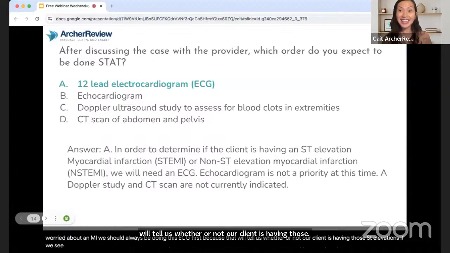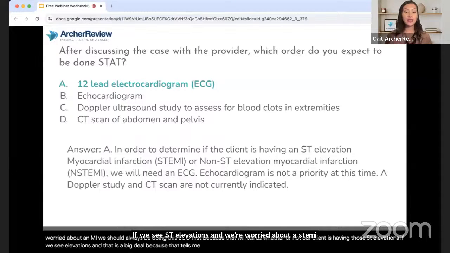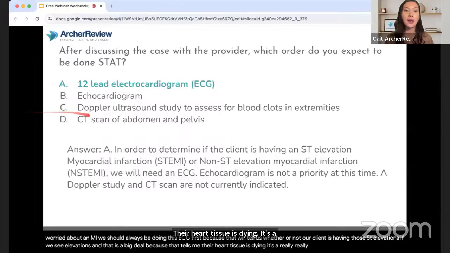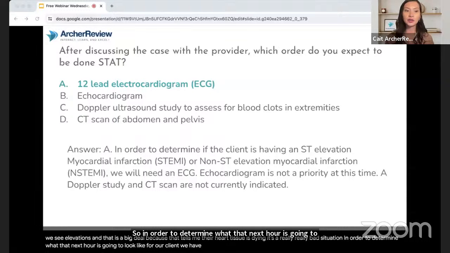If we see ST elevations, then we're worried about a STEMI, and that is a big deal, because that tells me their heart tissue is dying. It's a really, really bad situation. So in order to determine what that next hour is going to look like for our client, we have to do this ECG.